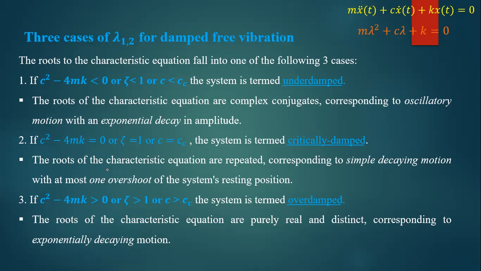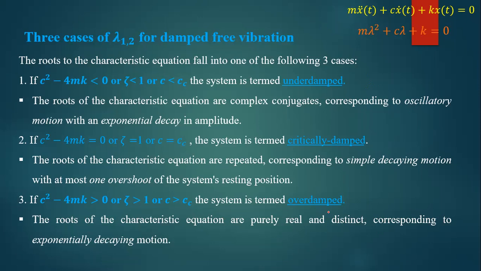It will not oscillate, like in the case of undamped free vibration and the underdamped vibration case. It will not make a repeated cyclic motion, but it will overshoot once and then go straight.